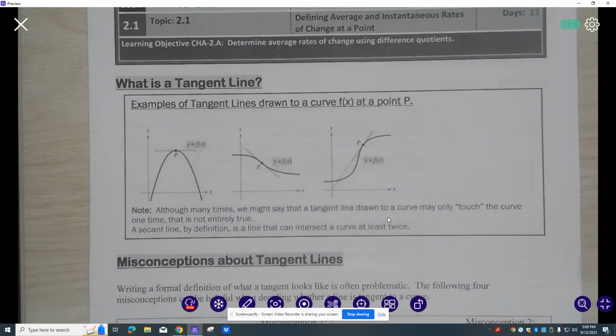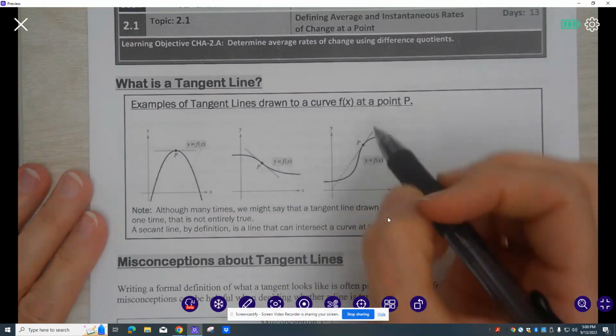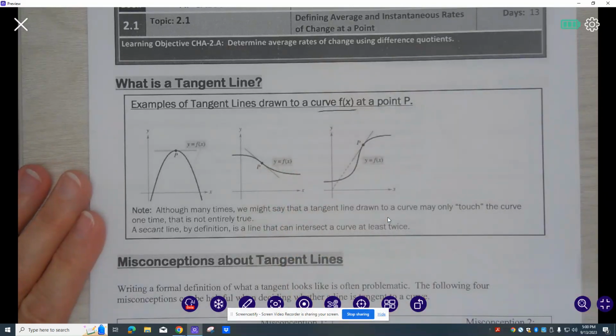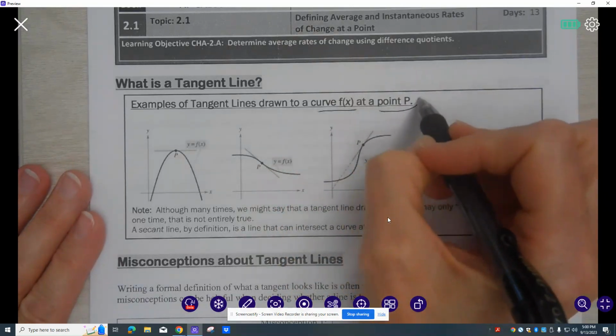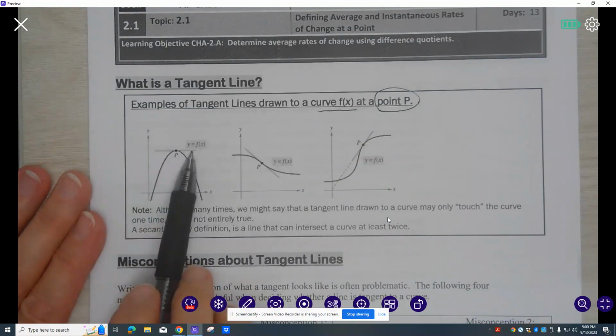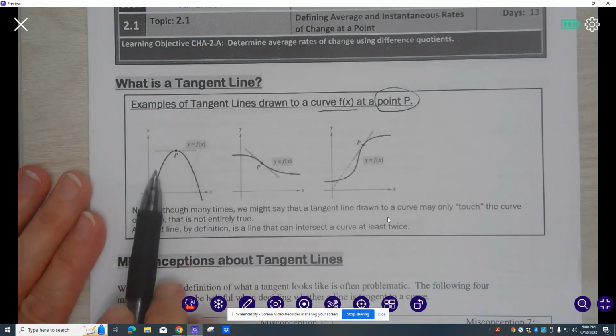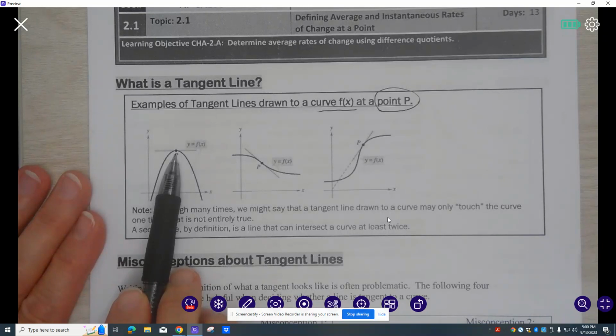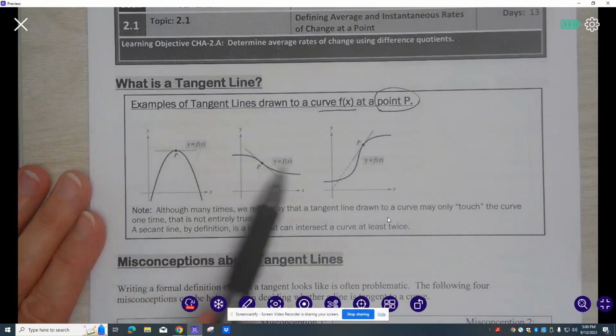These are all examples of tangent lines drawn to the curve f of x at a specific point. You can see right here, this line touches the graph of f of x at that single point. Same thing here.